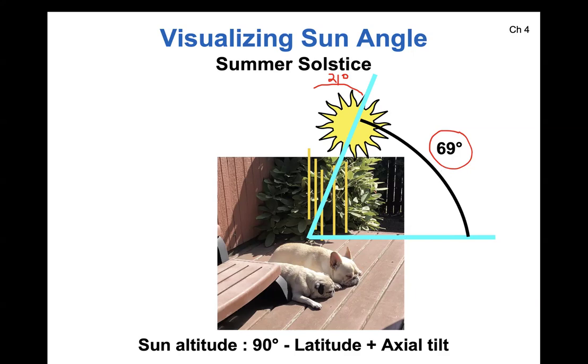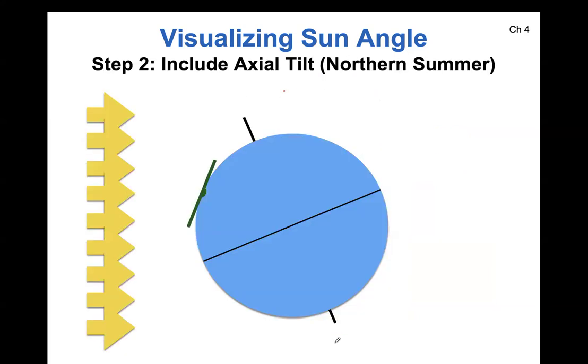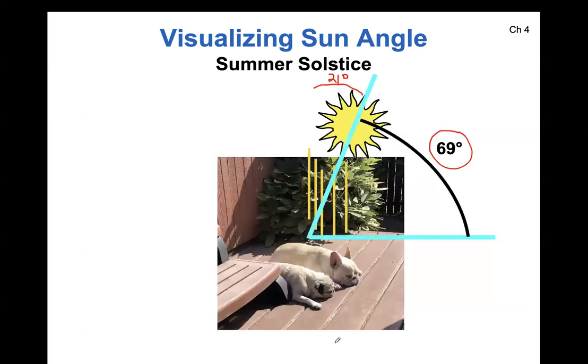Just to point out as the last thing for our class today, 90 degrees minus the latitude. So 90 minus 44 is going to give us 46. And then 46 plus 23.5, and then we round, that gives us 69.